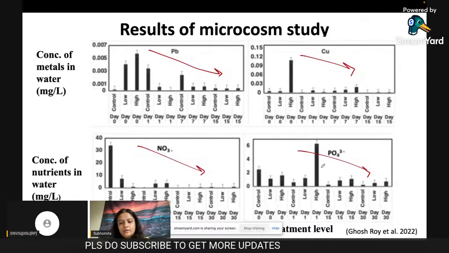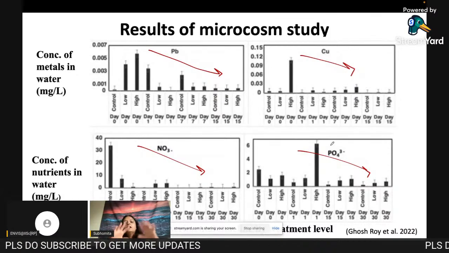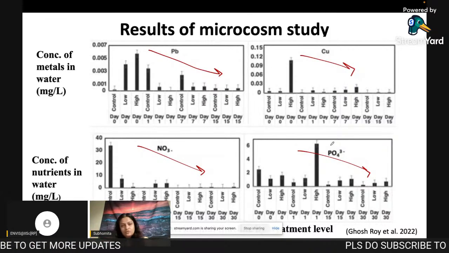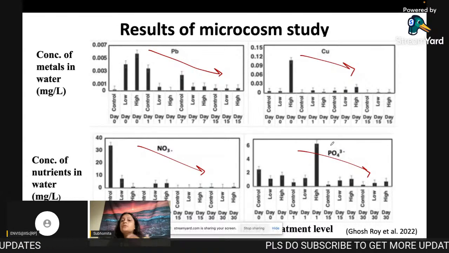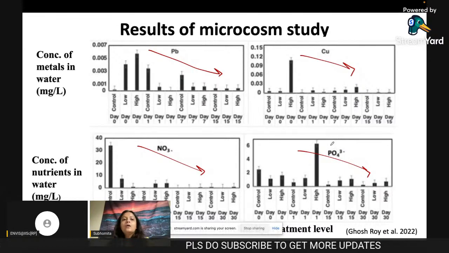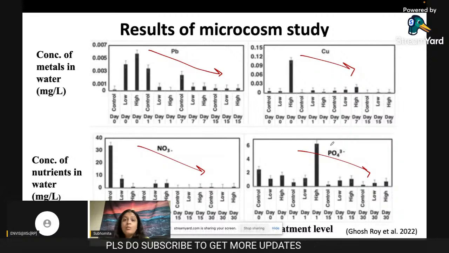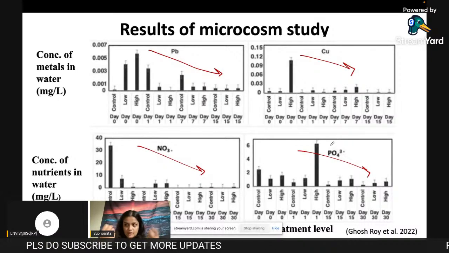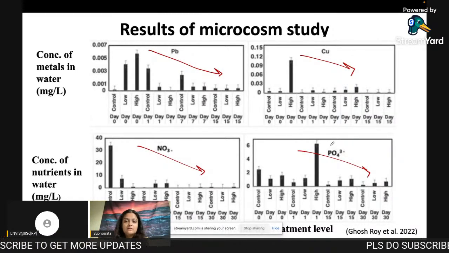So that's why we see a spike here. But in general, from beginning to end, there was a drop, which is not surprising because these are wetland sediments, and one of the major functions of wetland sediment is to contain and assimilate pollutants.